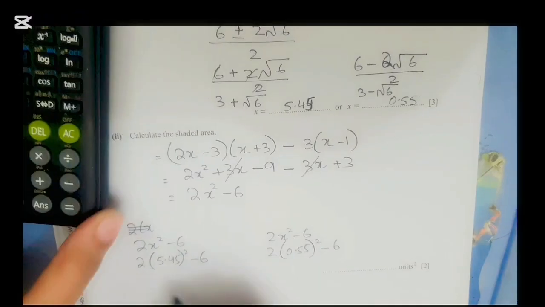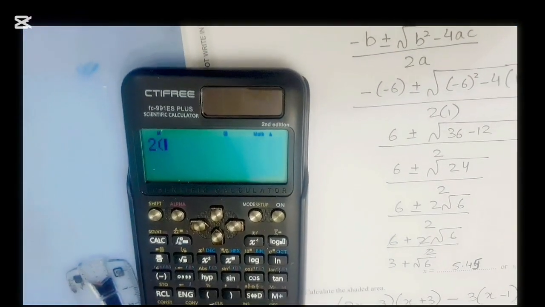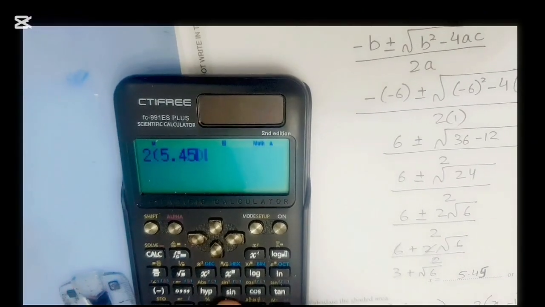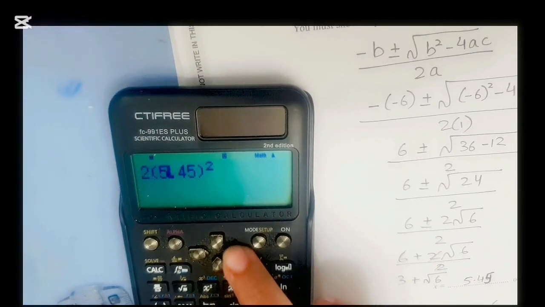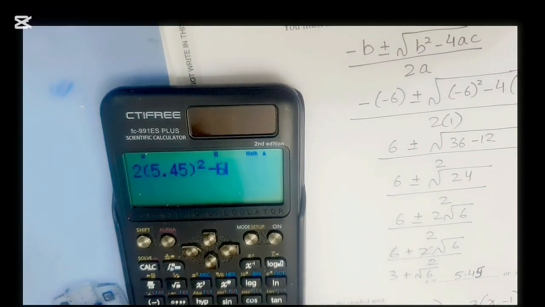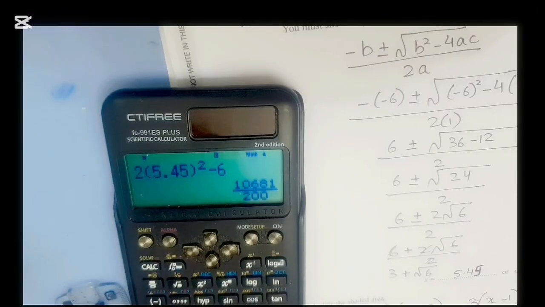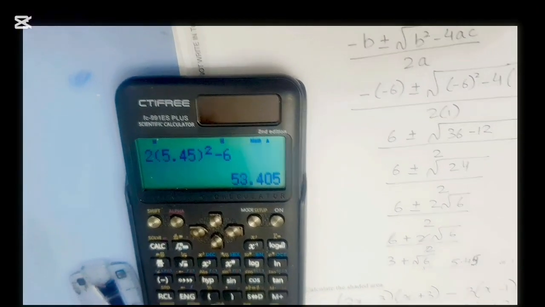Okay, now we are going to use calculator. 2 times 5.45 square minus 6, this is 53.41.